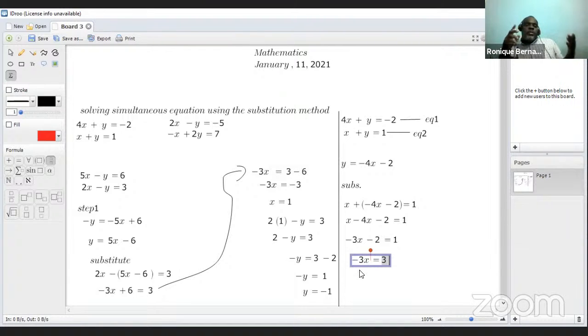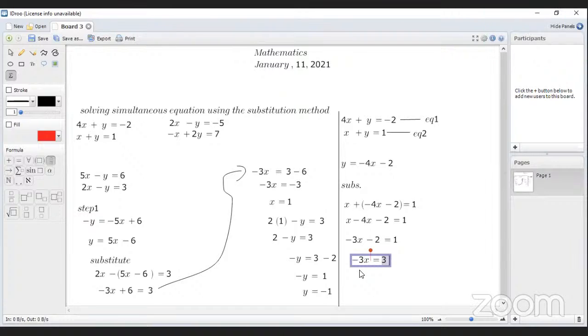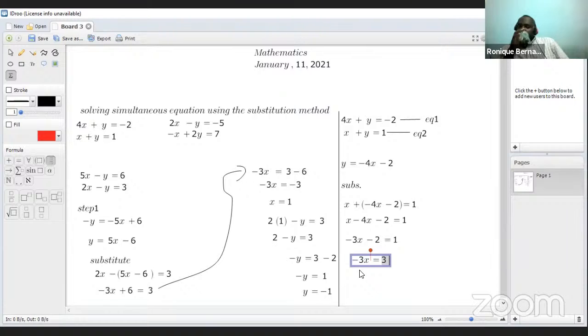What number when you multiply by negative 3 can give you a positive 3?